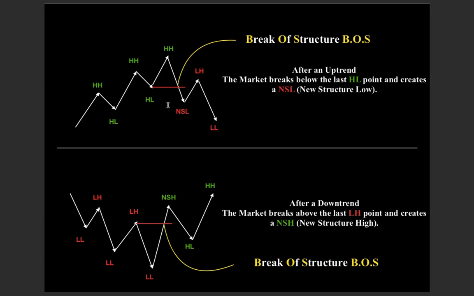Okay, we create a new structure low, and then obviously our first lower high point. And then in a downtrend, we will break a lower high point, create a new structure high, and therefore pull back and create our first higher low point. Okay, this area right here where we break through this lower high point, that is our break of structure.